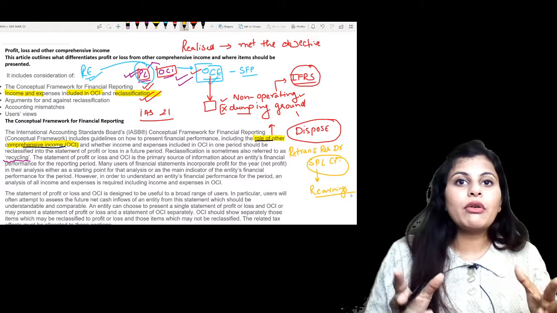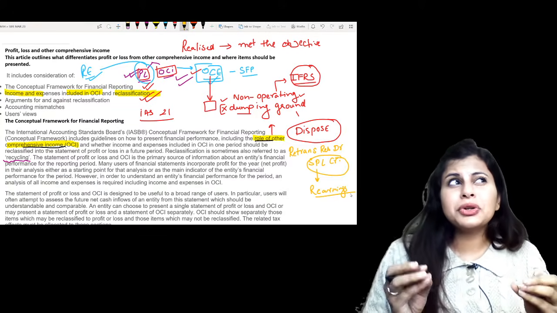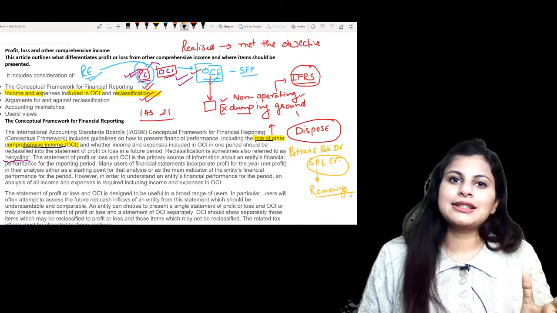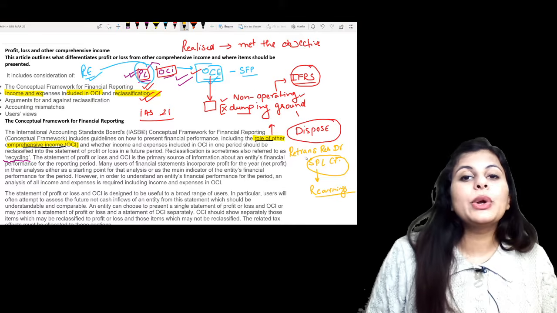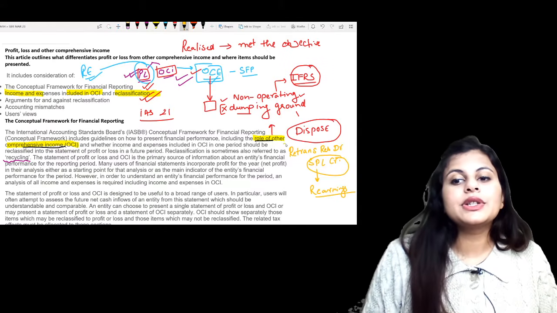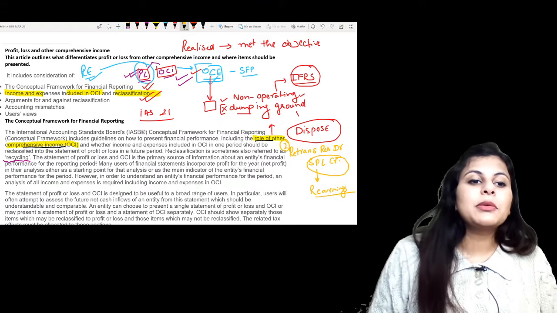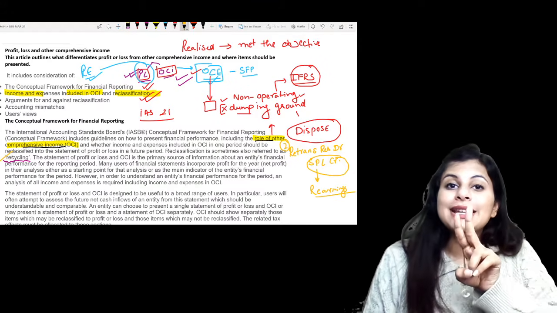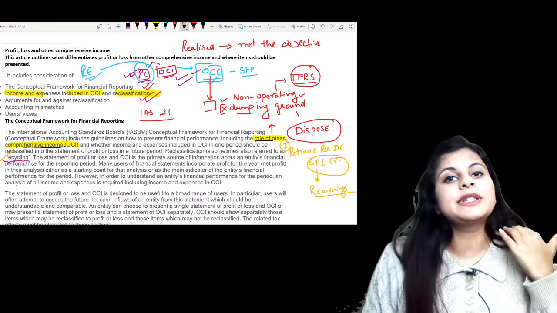So you recorded a profit two times. Yes. Unfortunately or fortunately, yes. First of all, it will be going to OCI. Then upon its disposal, it will again go to the statement of profit and loss. So that's why we call it recycling, using it twice in the income statement.